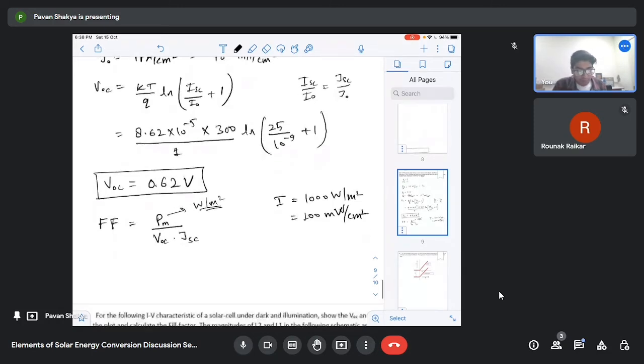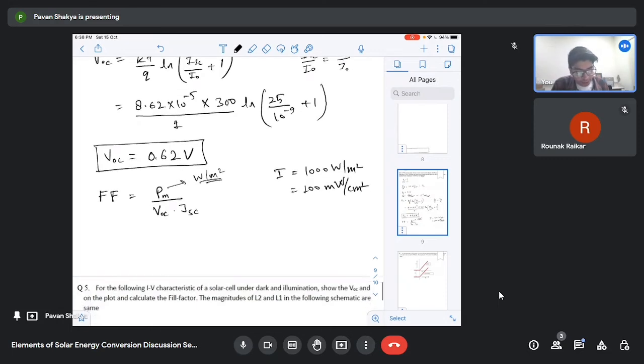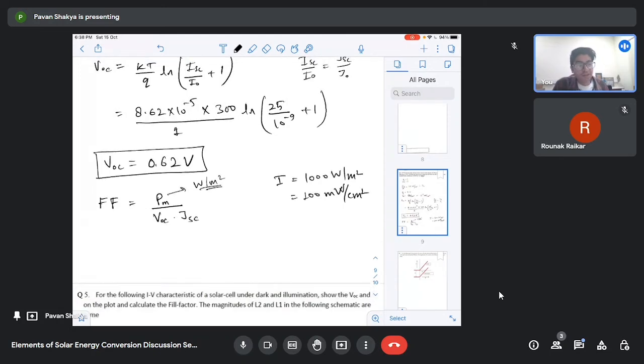Okay, so to calculate this fill factor, we have, oh, actually I have made a mistake, this PM is the maximum power. Okay, not the solar irradiance. So we have to calculate this PM.